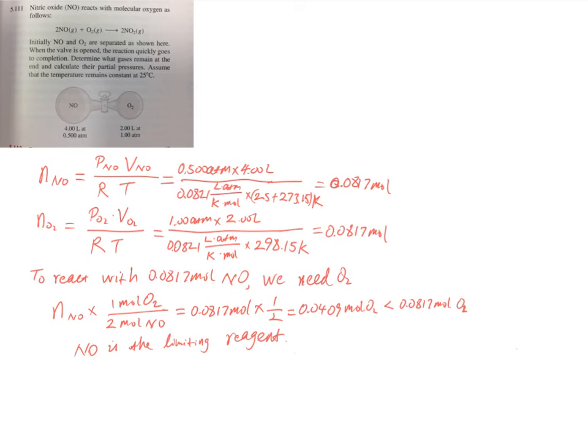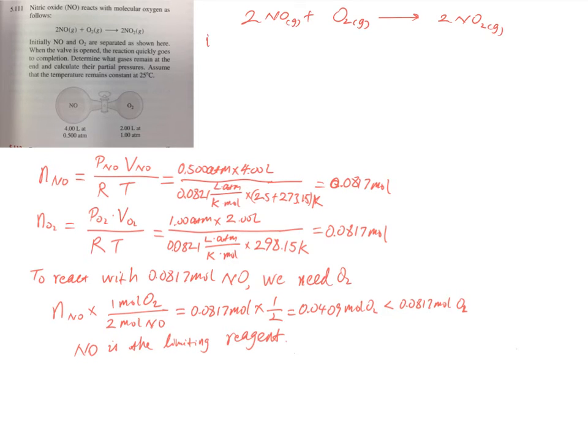Okay. Now let's use our initial, change, and final table to figure out what is remaining. So here is the reaction. I'll write it out. Nitric oxide reacts with oxygen to give nitrogen dioxide.